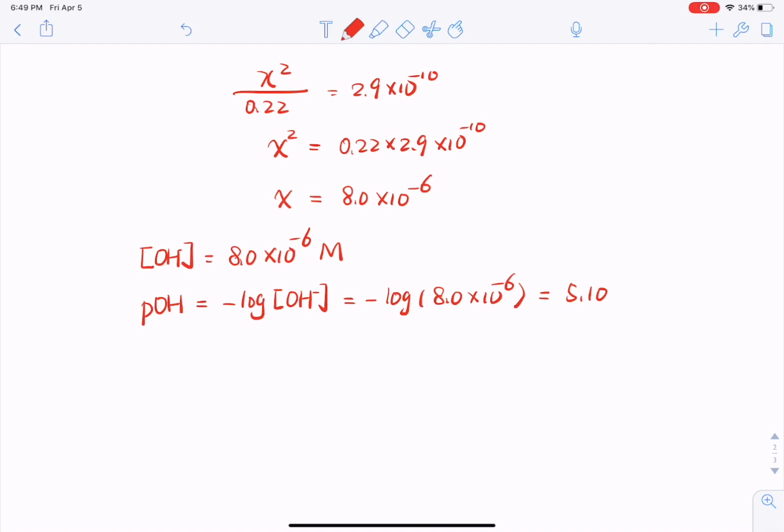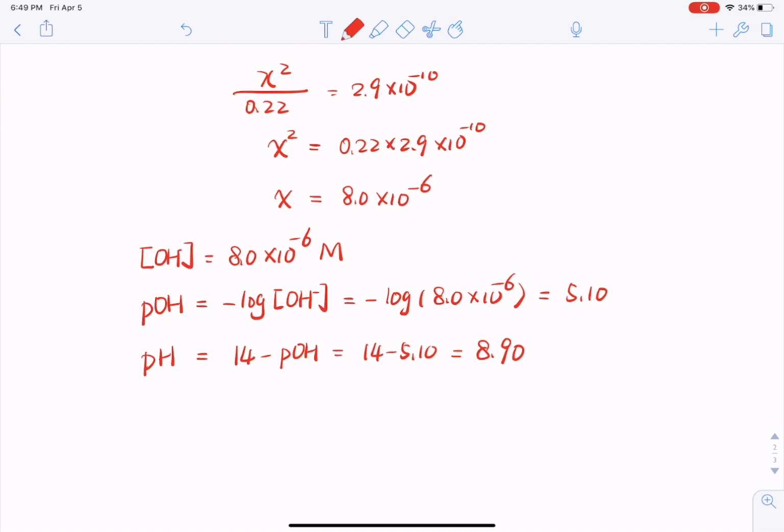Then pH equals 14 minus pOH, which is 14 minus 5.10, giving you 8.90. That will be the pH.